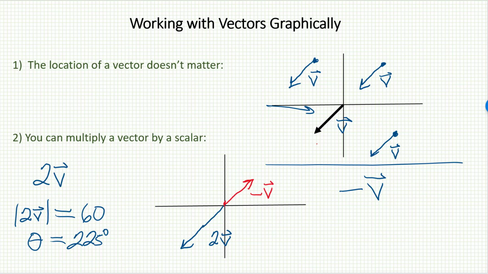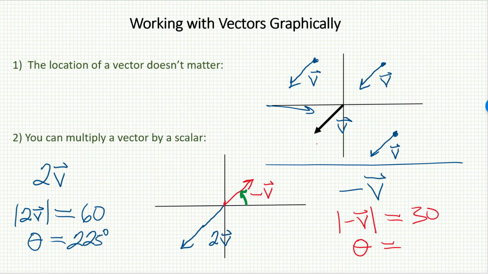Well, let's list its features. What would be the length of vector negative v? Well, I didn't change the length, so it would still be 30, just like it was for regular vector v. Notice, though, that the direction angle has now changed. The direction angle runs from the positive x-axis to our vector, just in the normal way we've been measuring angles in trig.